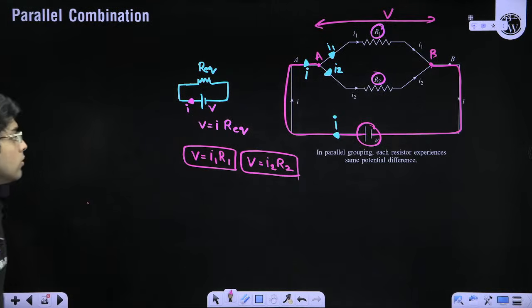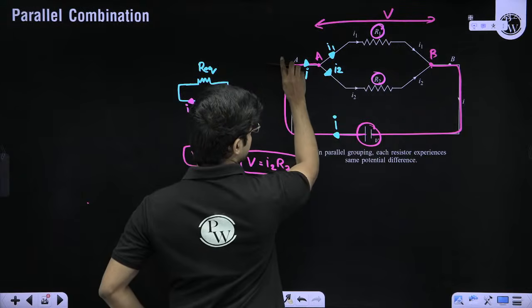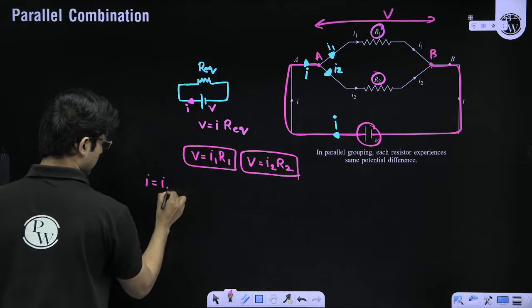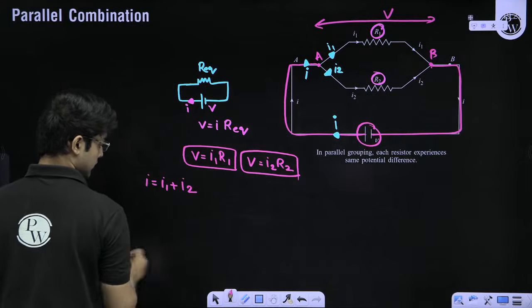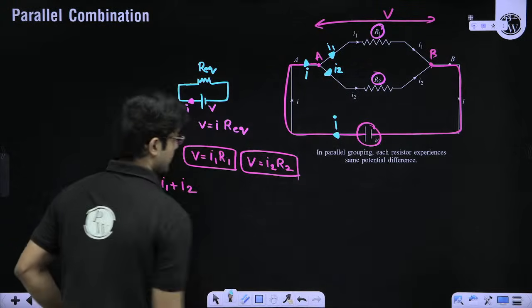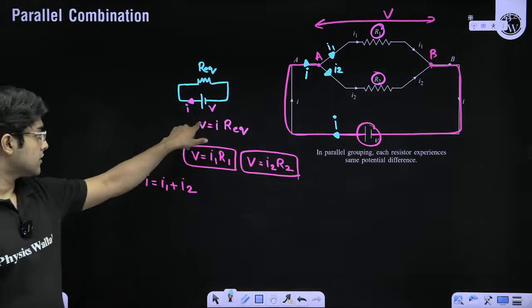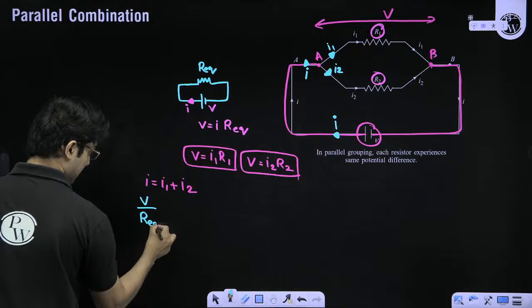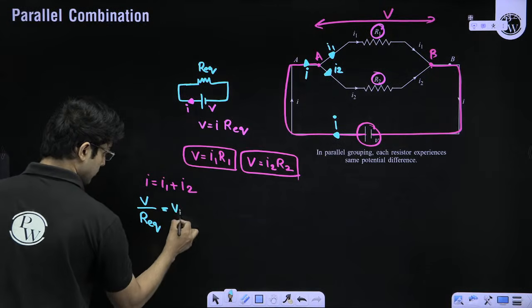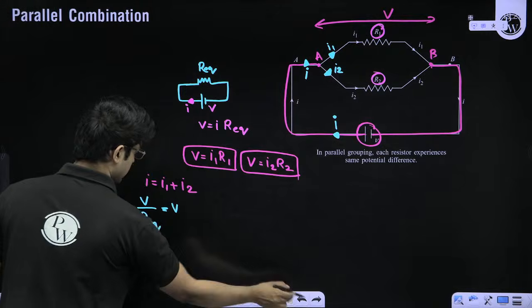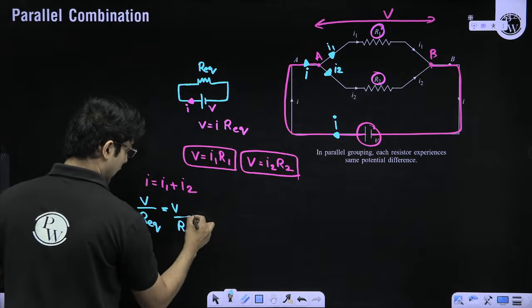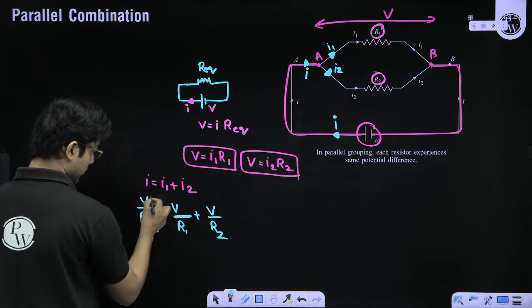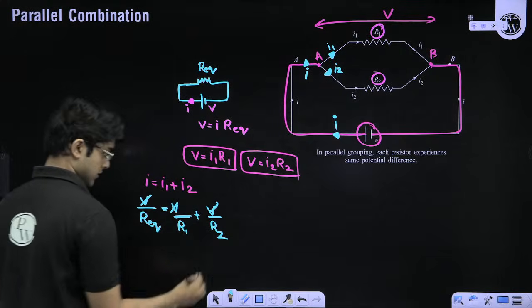Now we also know that this incoming current I is split into I1 and I2, so I can write it as the sum of I1 and I2, right? So now just substitute everything. I is V divided by R equivalent, I1 will be V by R1, and I2 will be V by R2.